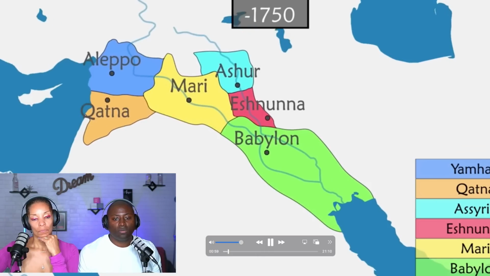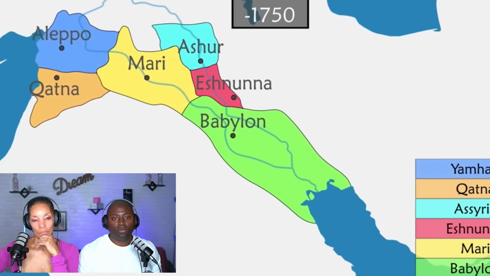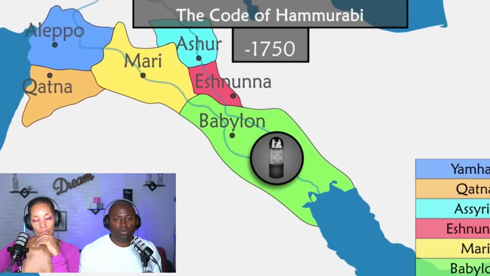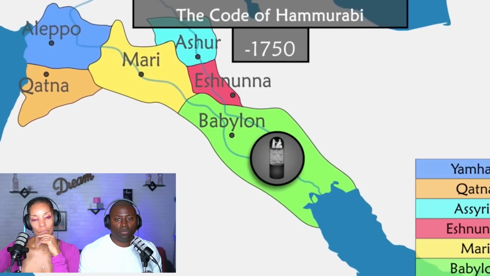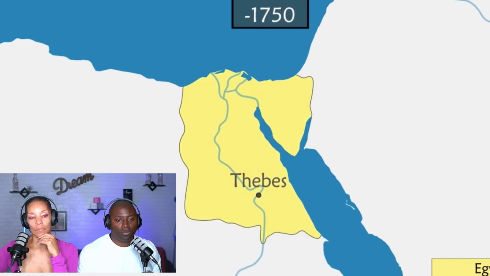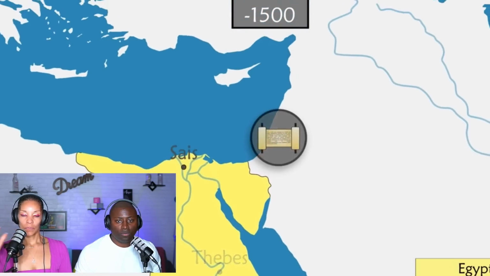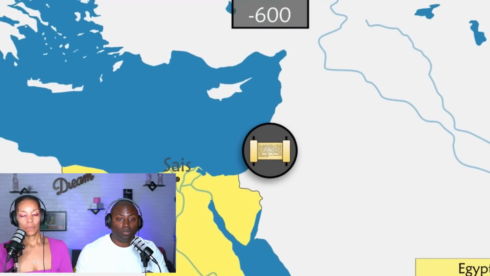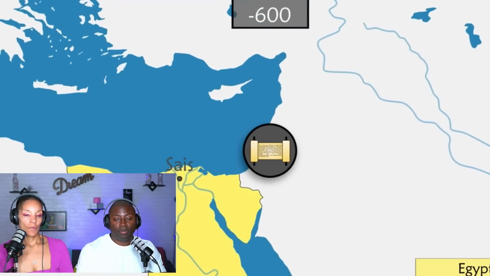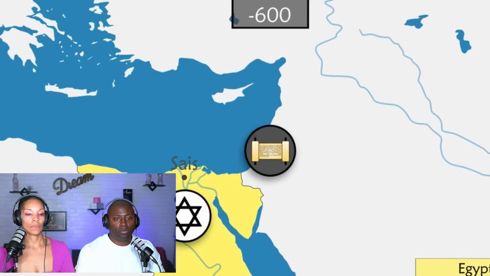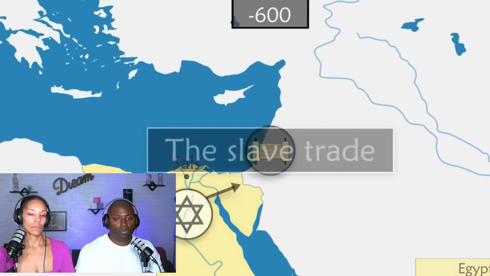Around 1750 BC, Hammurabi, the king of Babylon, writes a code of law that details, among other things, the treatment of slaves and the penalties they face. Slavery is also mentioned in different forms in ancient Egypt, as well as in the texts of the Old Testament, which describe the treatment reserved for slaves. Right. But at present, there's no archaeological evidence of the slavery of the Hebrew people in Egypt, nor of their exodus.